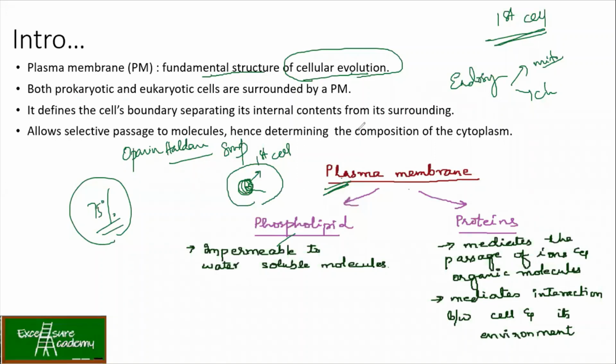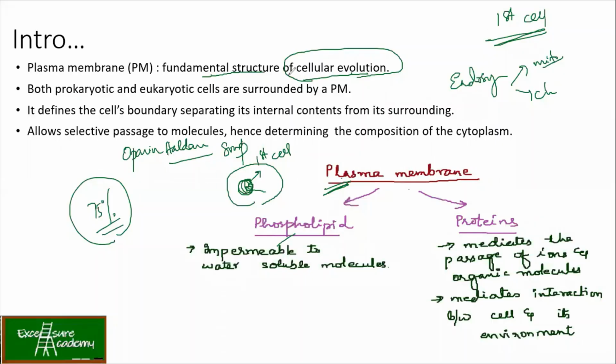So now we know that prokaryotes and eukaryotes are surrounded by a plasma membrane. This is important, because it defines the cell boundary, separating its internal contents from its surroundings.